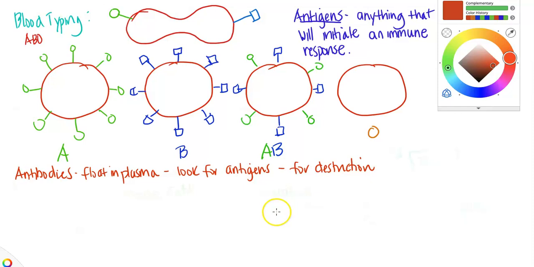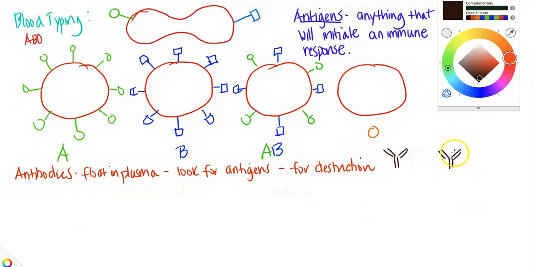They bind to specific antigens. So there are antigens for A and antigens for B.